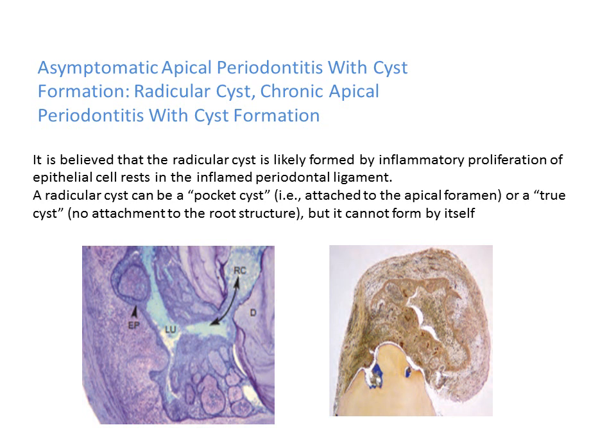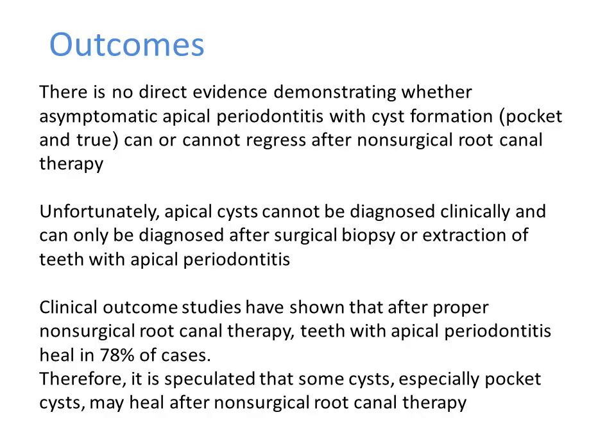So it's a pocket cyst, or it's a true cyst which has no attachment. Okay, it is within the periapical area, but it is formed there by itself. And in the other picture, the dark blue regions demonstrate the bacterial colony, which are present in the region.